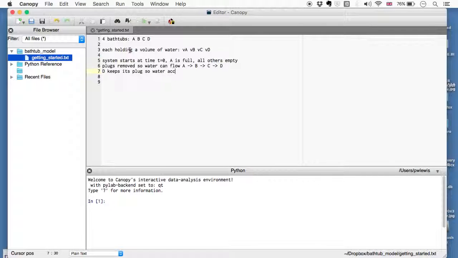The water accumulates. Right. So we've got 4 bathtubs stacked, so the water from bathtub A flows to bathtub B, then to C, then to D, where it accumulates.